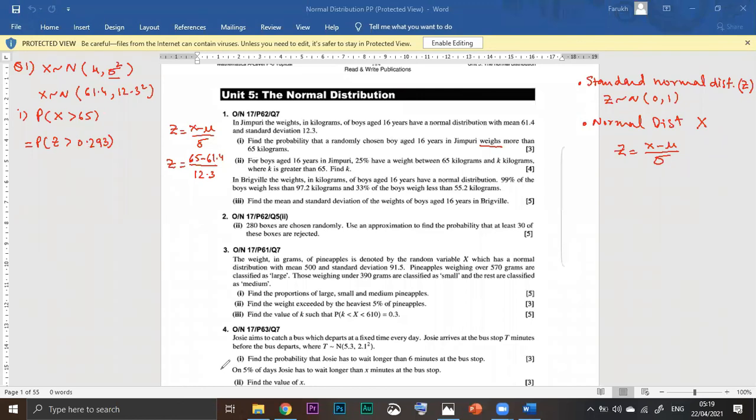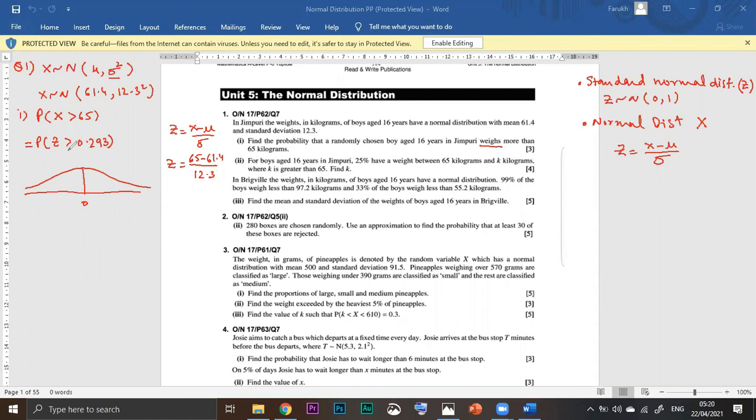Now we will use the table to find out the area under the curve. First of all, we will draw the diagram for the standard normal variable. In the standard normal variable, mean is 0.